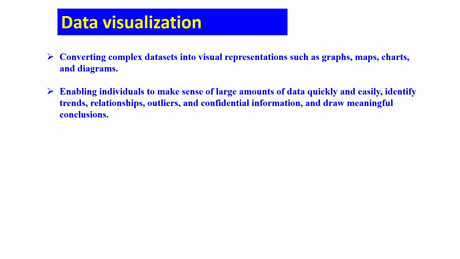When handling large sizes of data, we always convert complex data sets into visual representations such as graphics, graphs, maps, charts, or sometimes various kinds of diagrams. Why do you do that? This enables us to handle large sizes of data or make sense of the behavior of a large amount of data very quickly and easily.